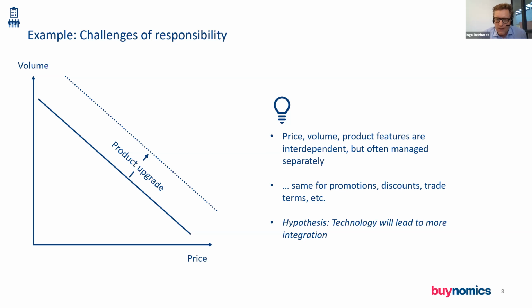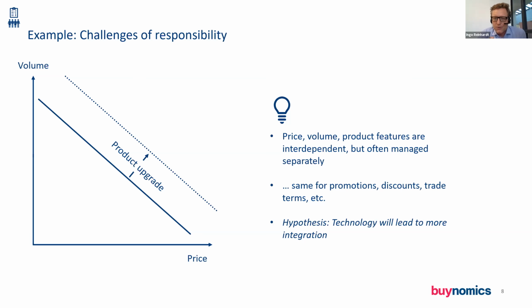And this is one of our hypotheses, that technology like the one that we're building can actually contribute to solving this issue, in the sense that the technology allows teams to get a very clear view on the interaction between price, volume, product features, promotions, and everything else. And you have the ability with a solution like that to optimize holistically your offer, in terms of profit optimization or revenue optimization.